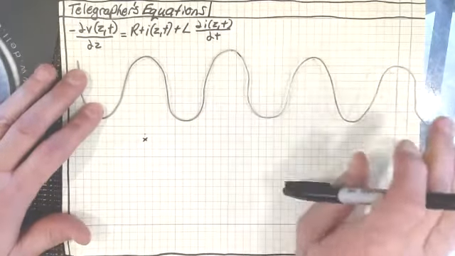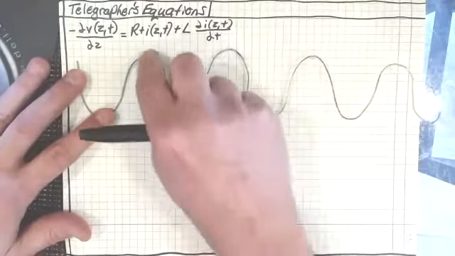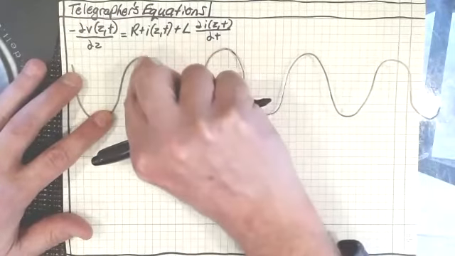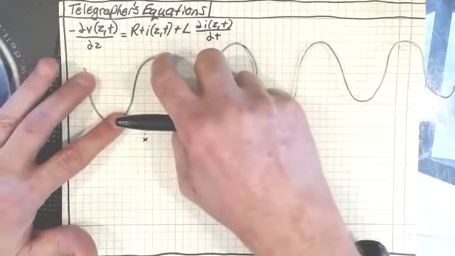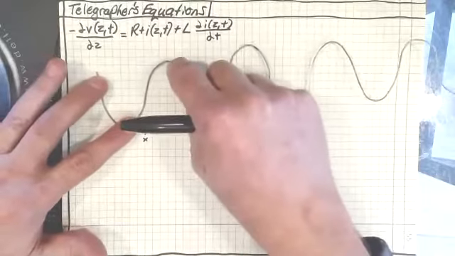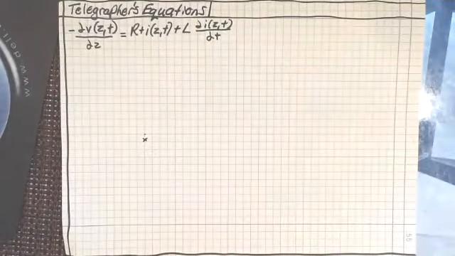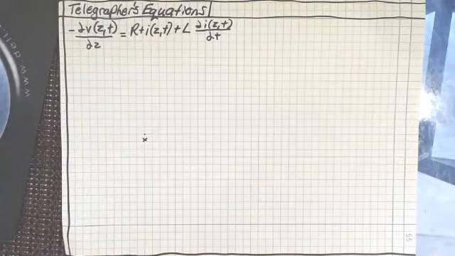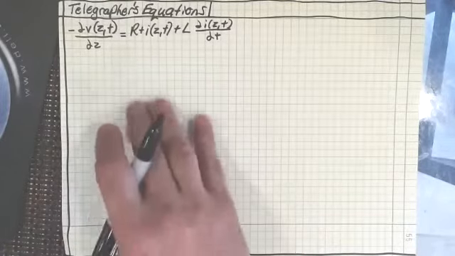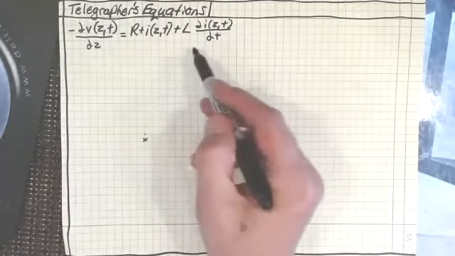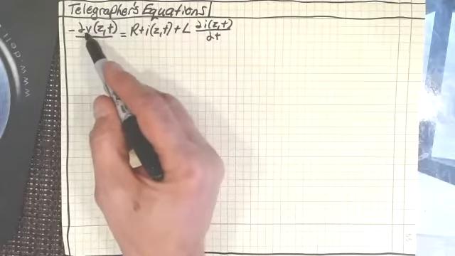As it's moving in time, the value for this x is changing, isn't it? Constantly as that moves along. And so we are changing both in x and time.